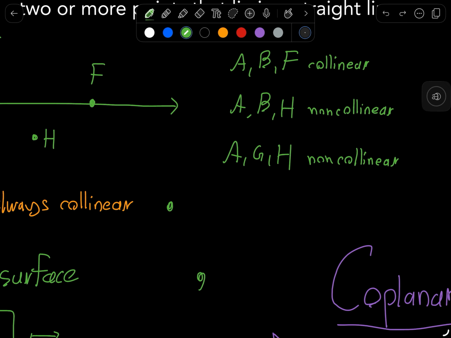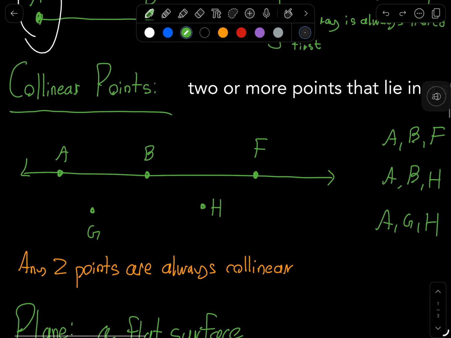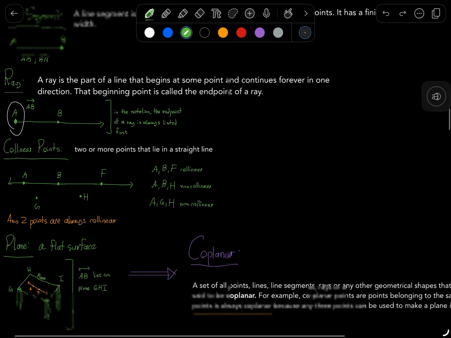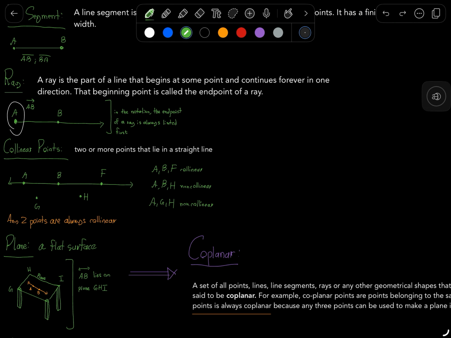You can always draw a line between two points. That's not the case for three points, because you need them all lined up together to be collinear. But again, any two points are always going to be collinear. So hopefully that made sense. Just think of collinear as things that lie on the same line.